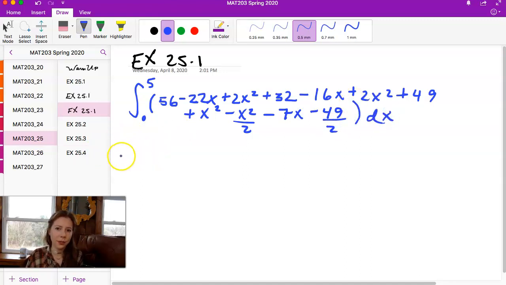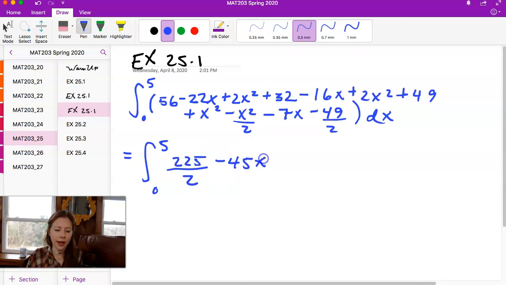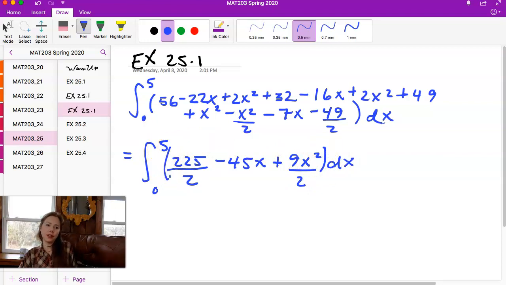All right, and so ultimately that simplifies down to the integral from 0 to 5 of 225 over 2 minus 45x plus 9x squared over 2 dx. Whew, almost there.